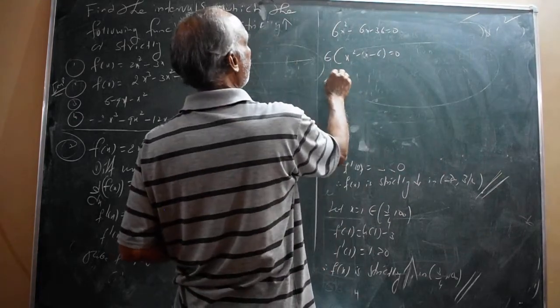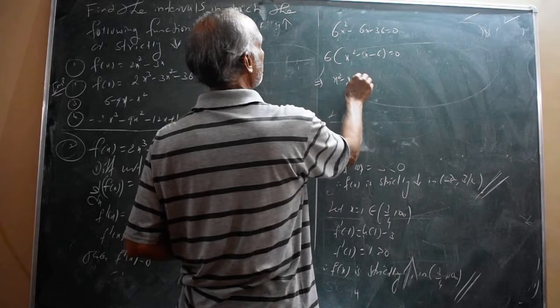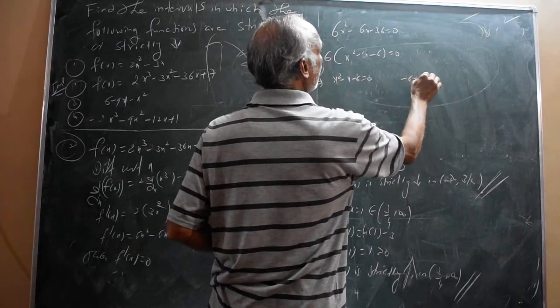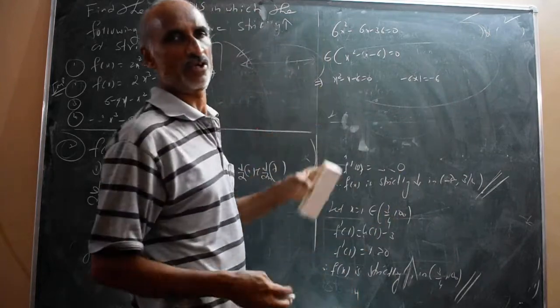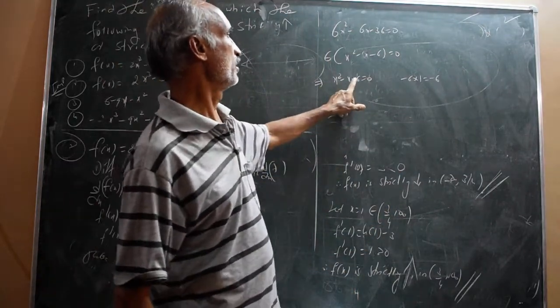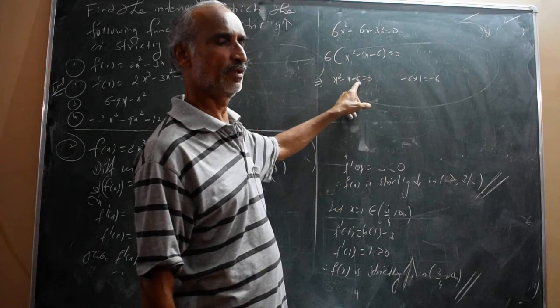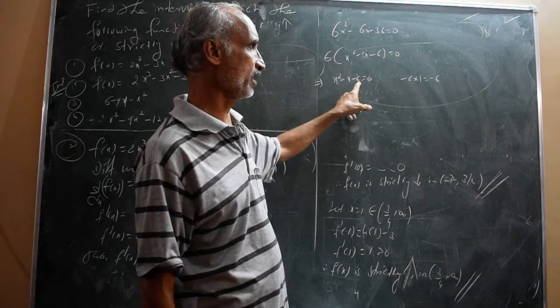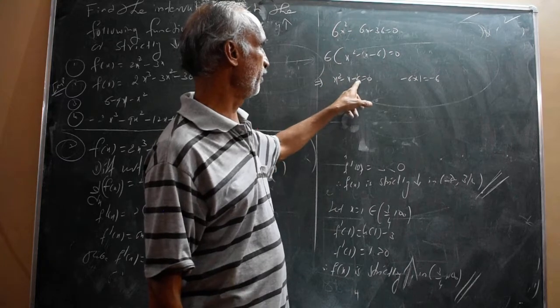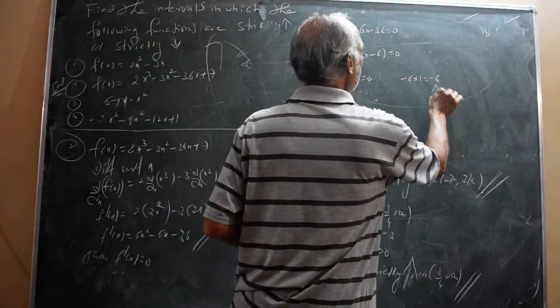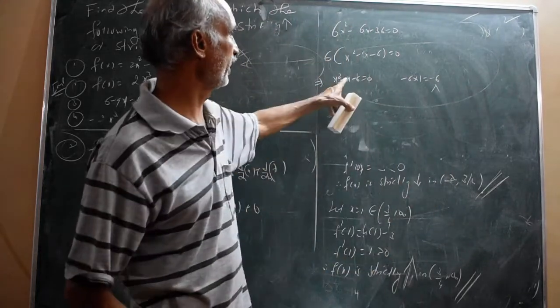Now x square minus x minus 6 is 0. Factorize the equation. It is minus 6 into 1. The x square coefficient is 1 and the constant term is minus 6. That is the technique of factorizing the equation. Multiply the number and the coefficient of x square, and split it to get the coefficient of the middle term, which is minus 1.